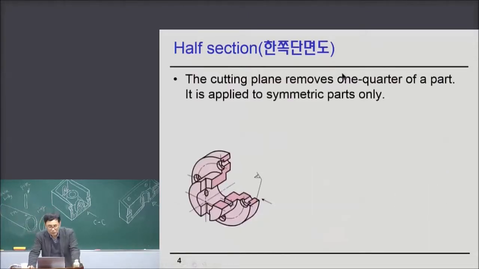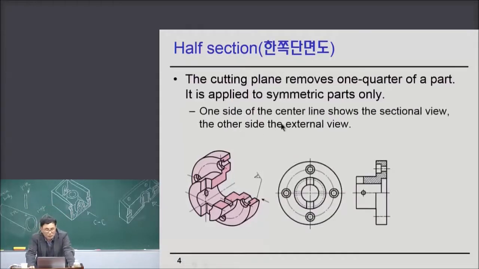Now, when the part is absolutely symmetric, then sometimes the cutting plane removes a quarter of the part, not half, just a quarter of the part. Then it becomes like this. So with the cake, you cut just a quarter of the part outside, on one side of the center line.